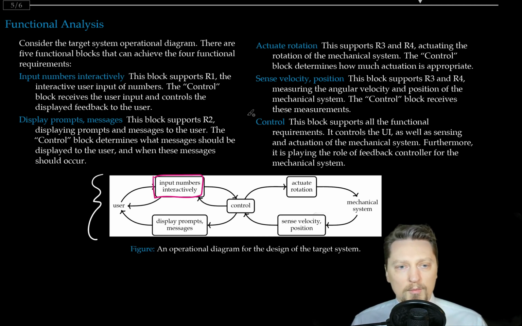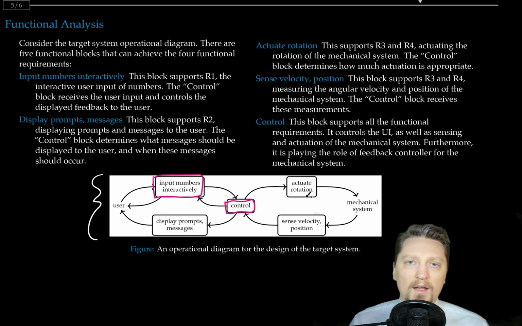The control block in the middle here receives the user input and controls the displayed feedback to the user. Okay, so we have this interactive input of numbers between the control block and the input numbers interactively block.